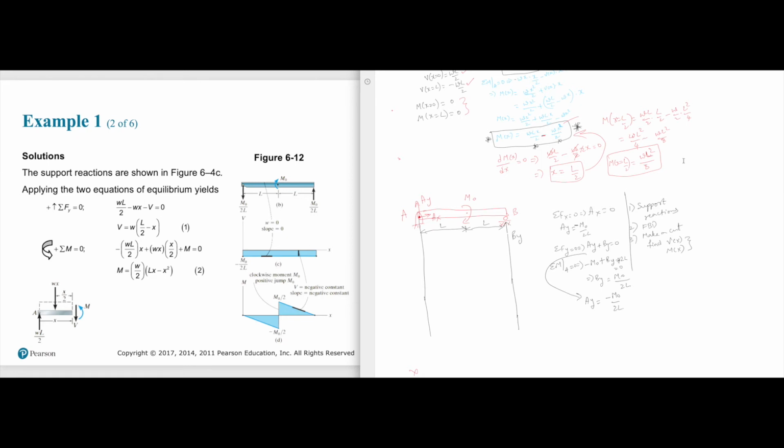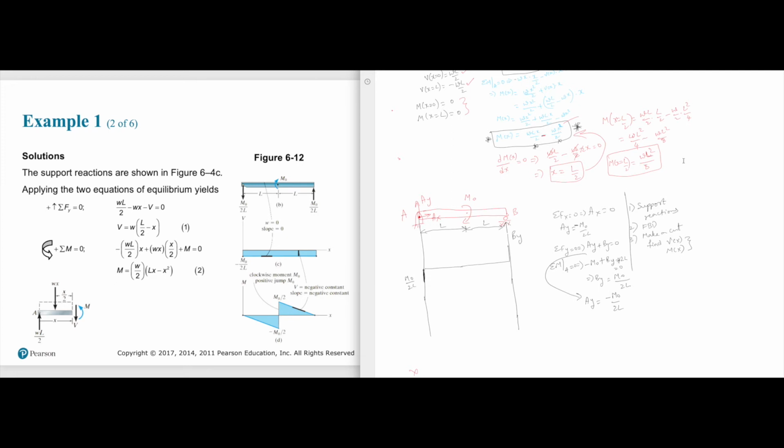So we found Ay and By. Ay is negative, which implies when we draw the shear force, Ay will be negative M naught over 2L, and By will be positive M naught over 2L.